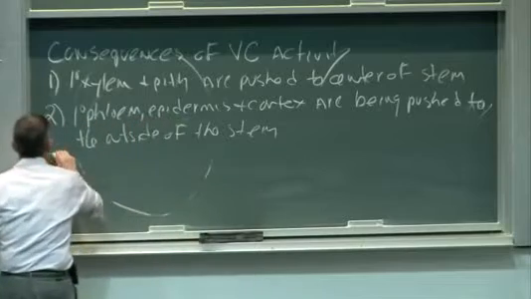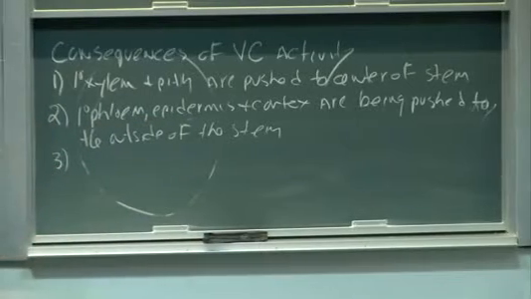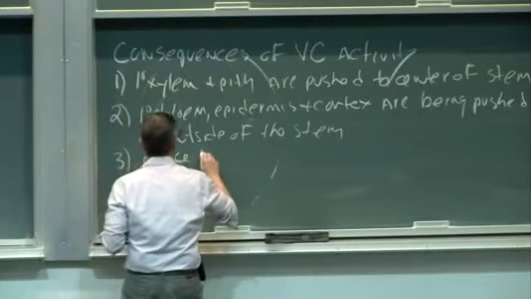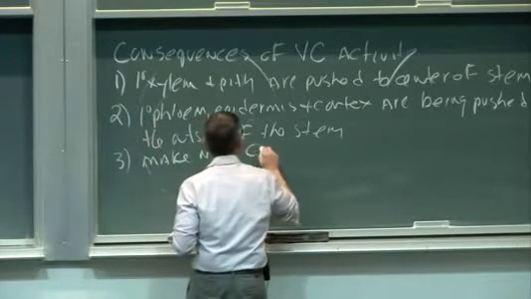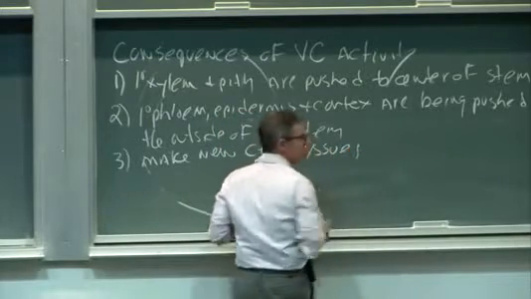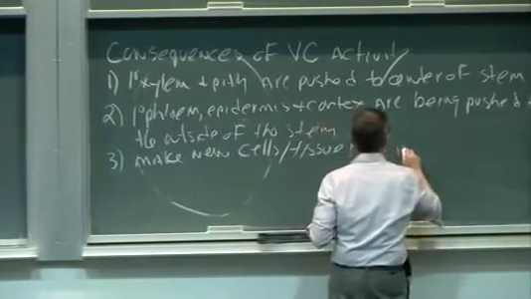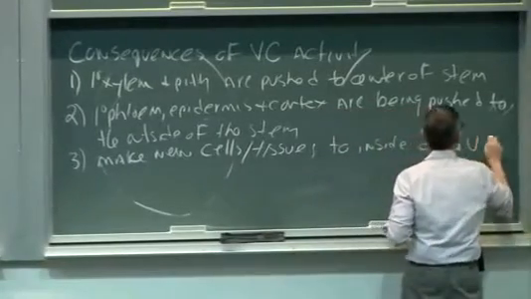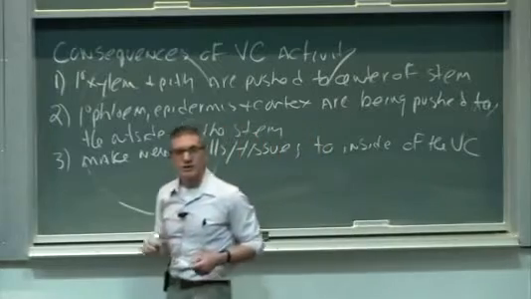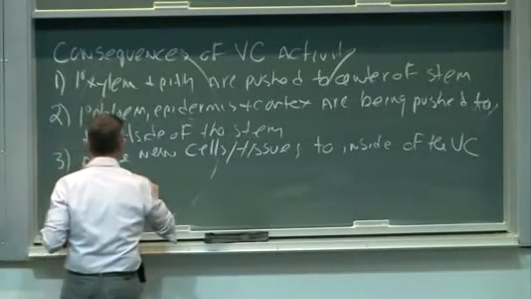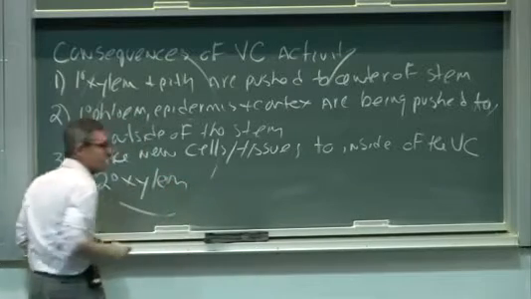The third consequence of the operation of the vascular cambium is that we make new cells, or new tissues, to the inside of the vascular cambium. And these new cells are secondary xylem.